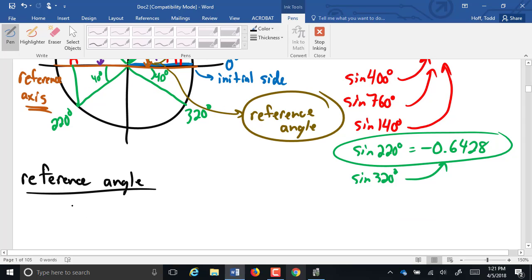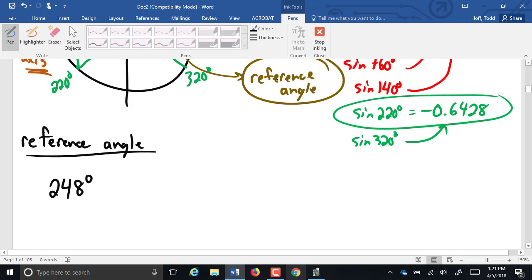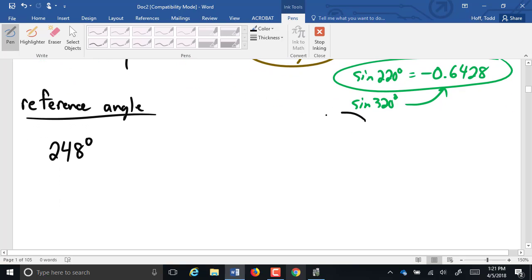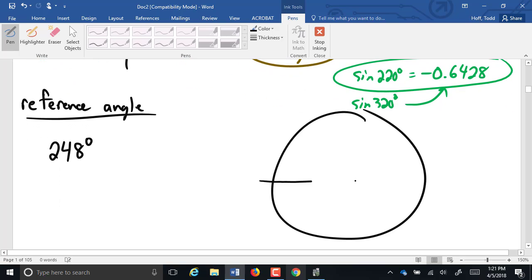So if I give you an angle like 248 degrees, what's its reference angle going to be? Well, it's usually easiest to find the reference angle if we draw the unit circle. This is 0, 90, 180, 270.